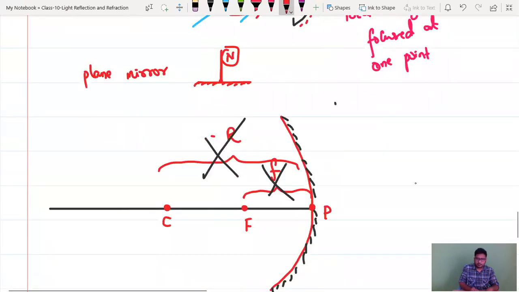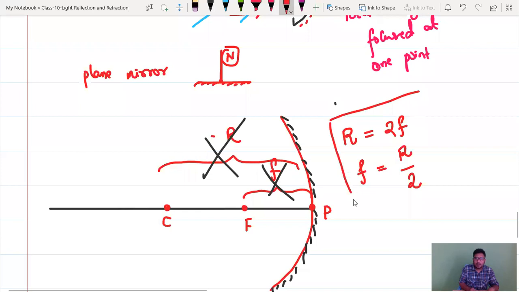Capital R is equal to 2f, means radius of curvature is equal to twice the focal length. From this, f is equal to R by 2. These two formulas, please remember, it will be useful while you are solving numericals.